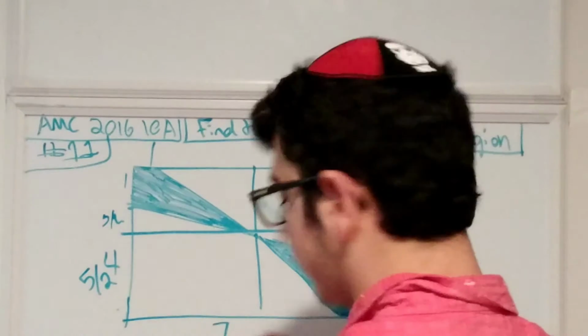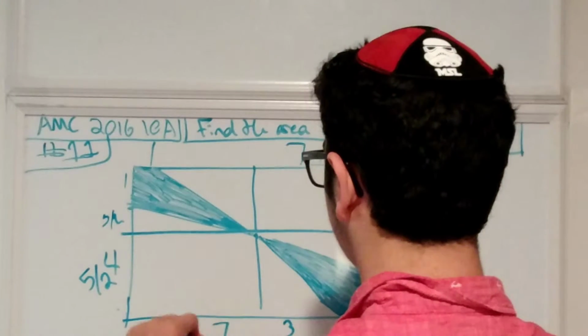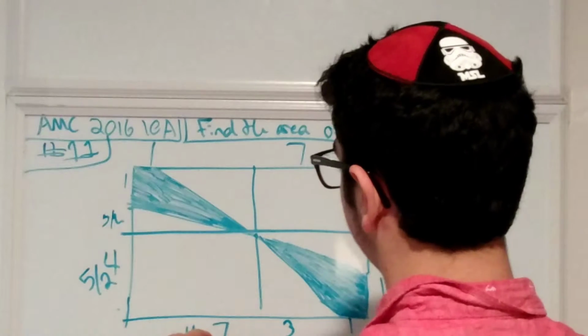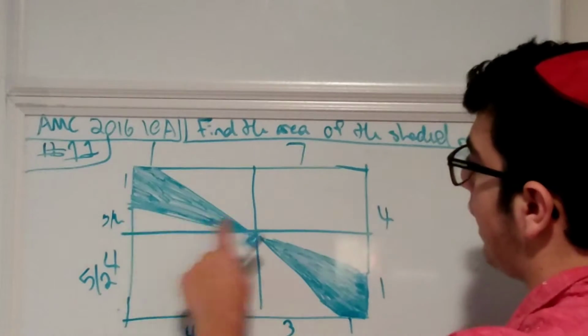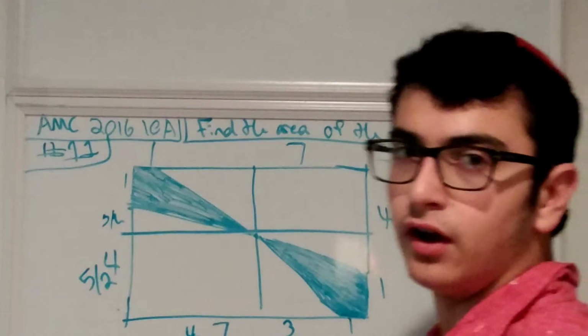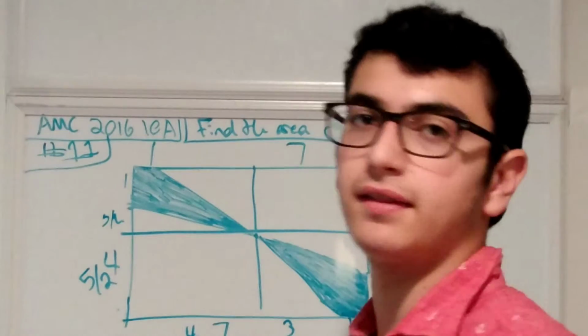And also this length right here would be 3, and this length would be 4, to add them up and get 7. And I could multiply these out here and over here, and then do 1/2 base height, and find the area doing it like that.